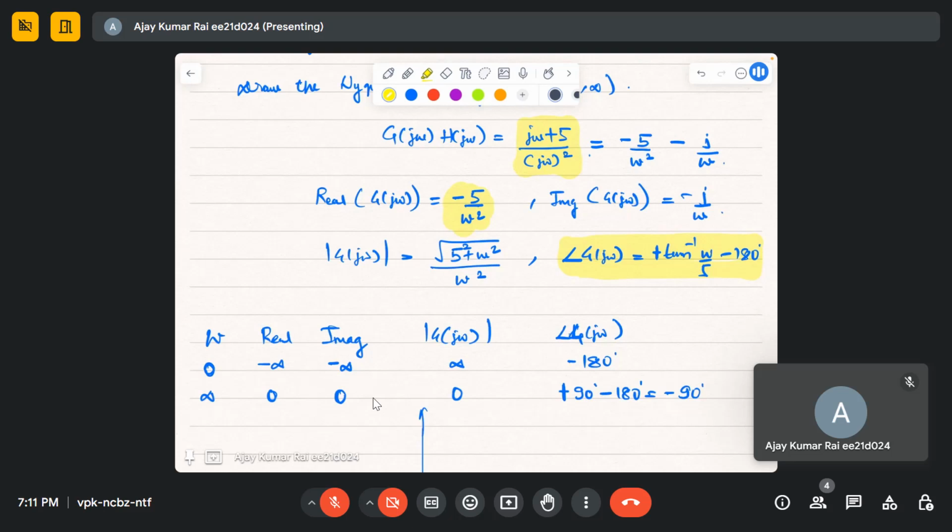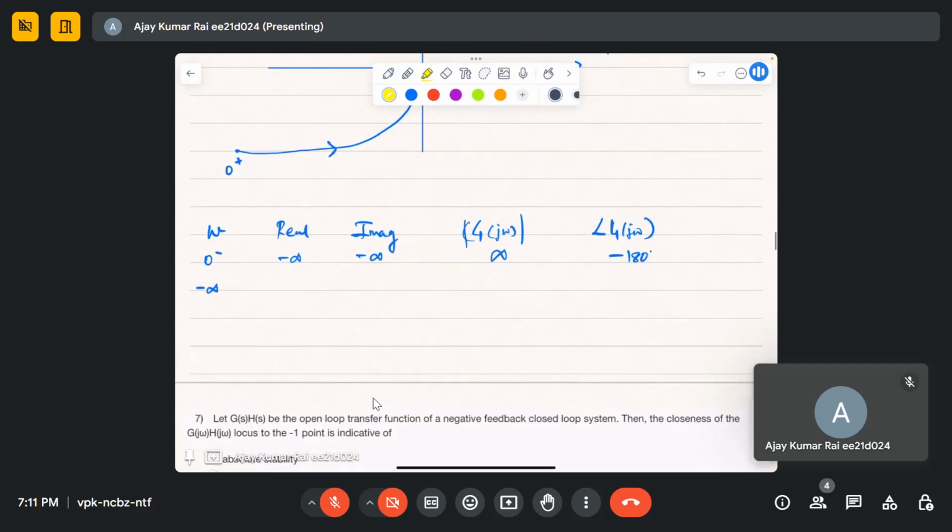Let's also see for the imaginary. If you put omega to be a very small value close to 0, but minus 0.00, minus minus cancels. So what you will get, imaginary part to be some positive infinity, right? So this was wrong. You'll get some positive value here.